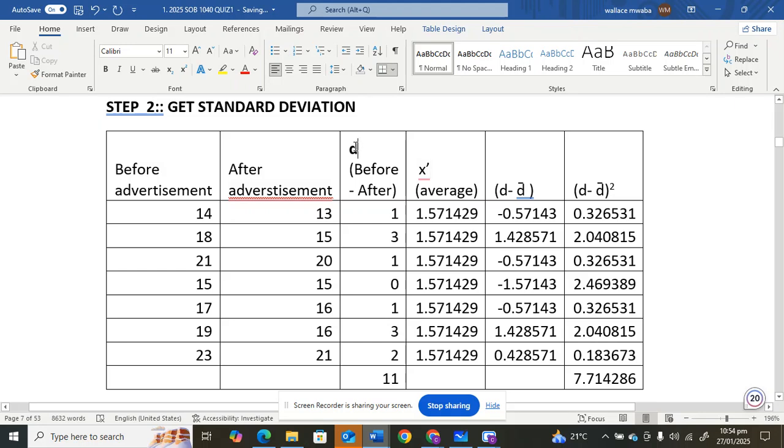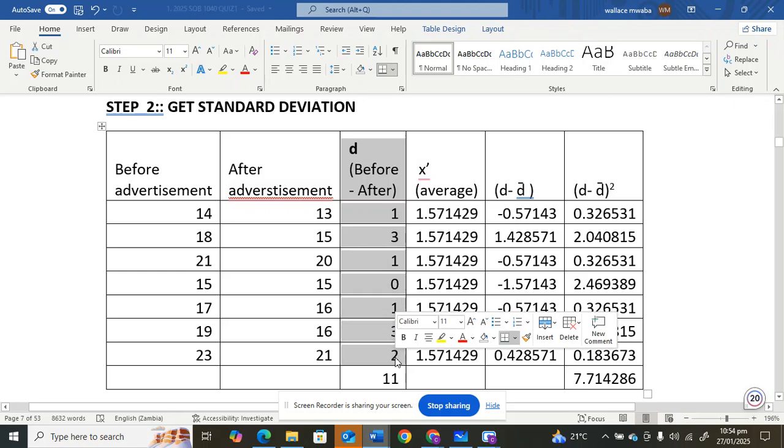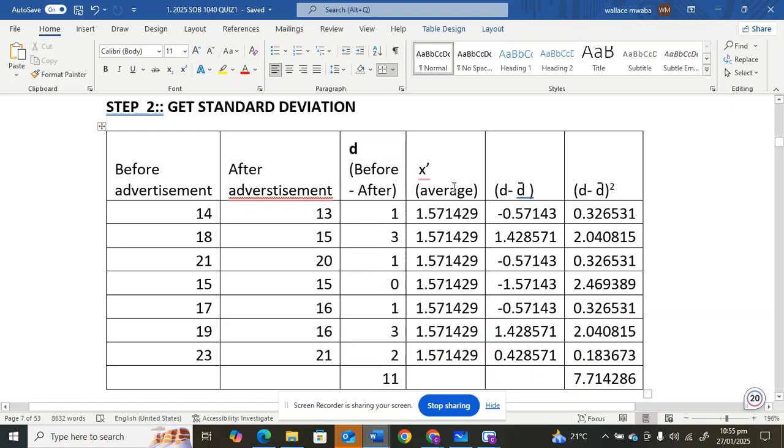Then this D, colleagues, is just the difference that we got when we subtracted before minus after. Are we okay with that? This D, a difference for the before minus after. Average.